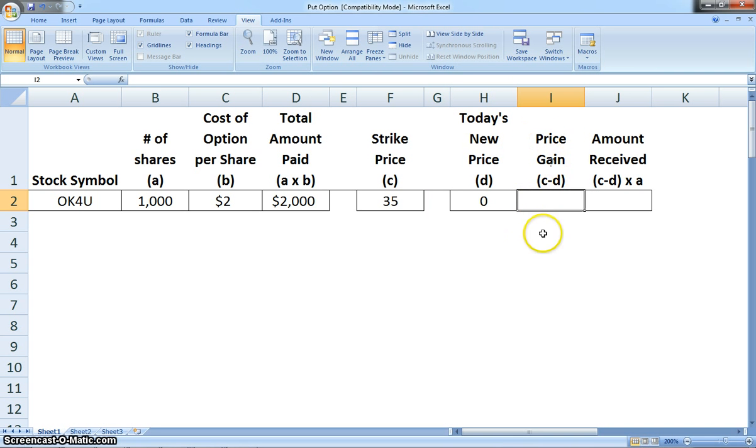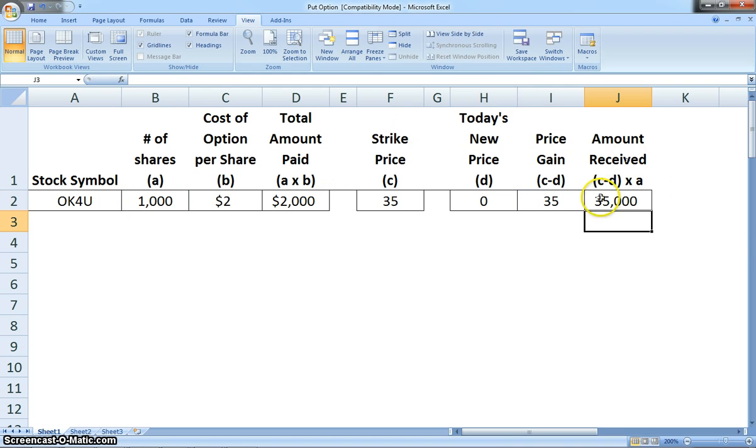So the price gain is $35 minus $0, which is $35. The total amount that you receive is going to be the price gain, which was $35, times the number of shares you had, which was 1,000.